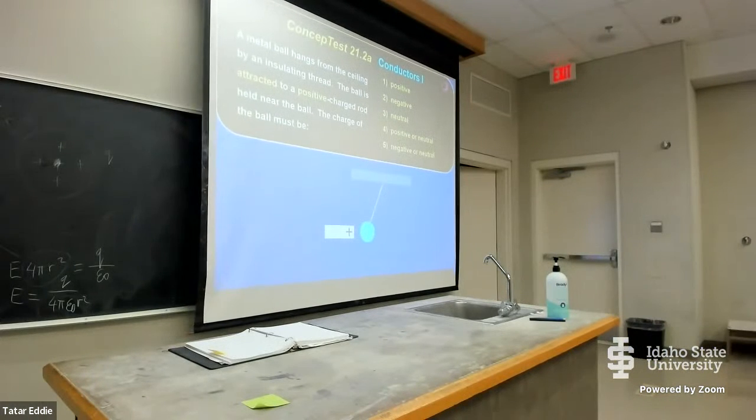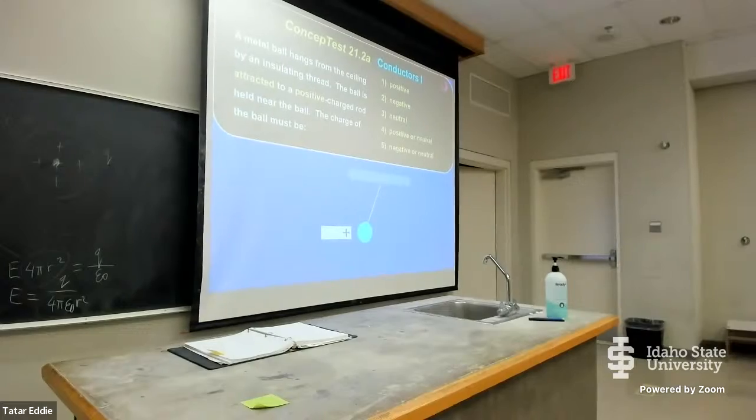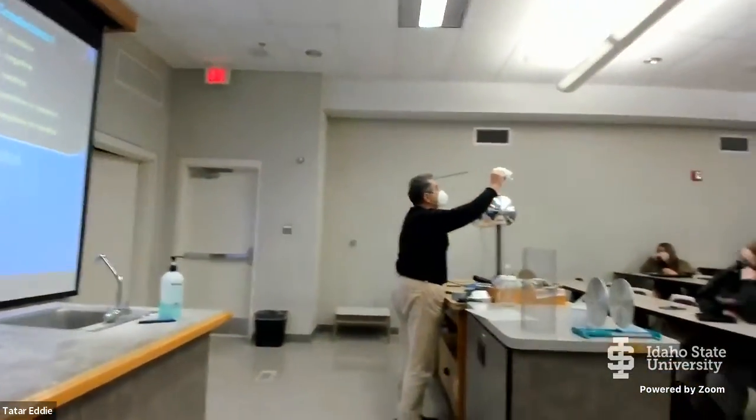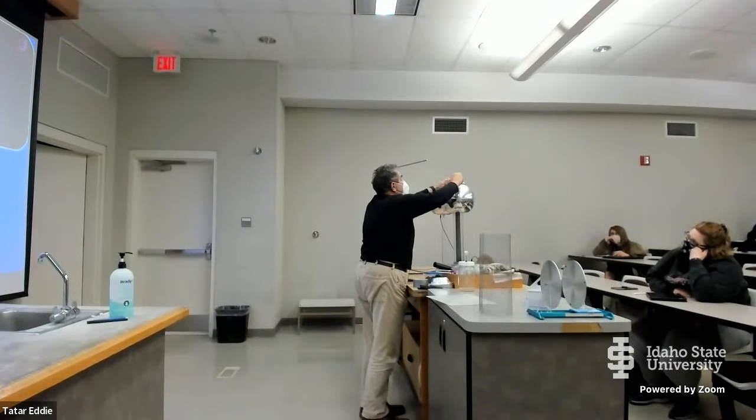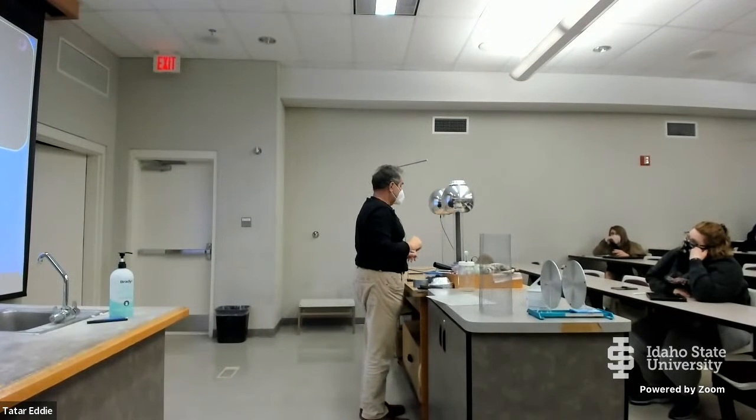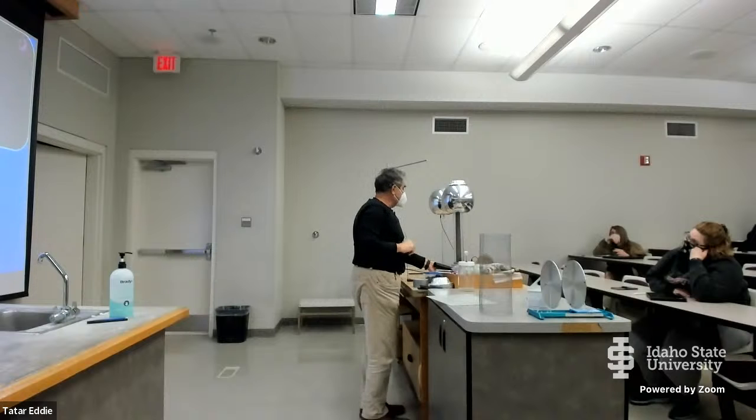You can see that very easily. Here is a metal piece, electrically neutral. Here is your charged object, not a stick but some other shaped object. We charge it.